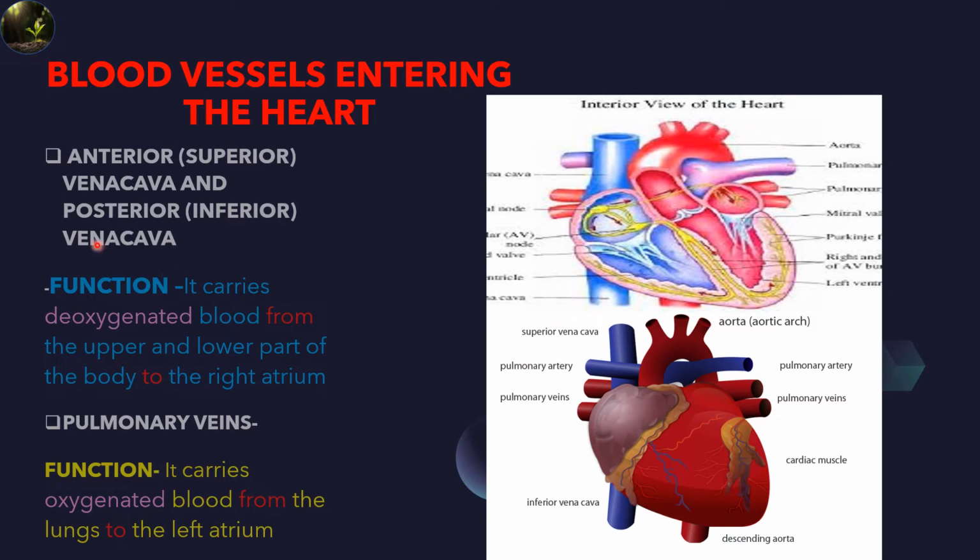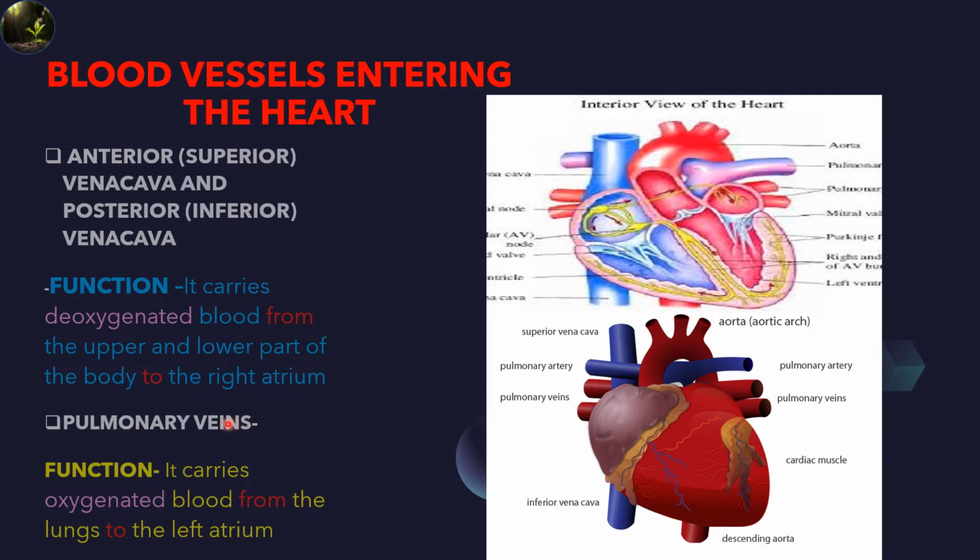This posterior or inferior vena cava carries deoxygenated blood from the lower part of the body to the right atrium. Very important point to remember: all the veins carry deoxygenated blood except the pulmonary vein.